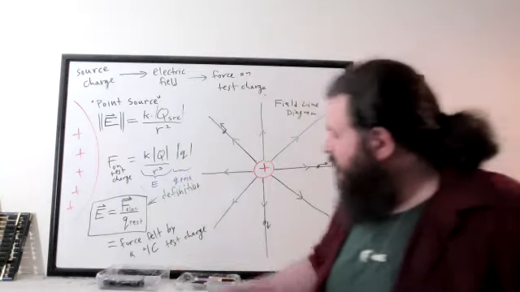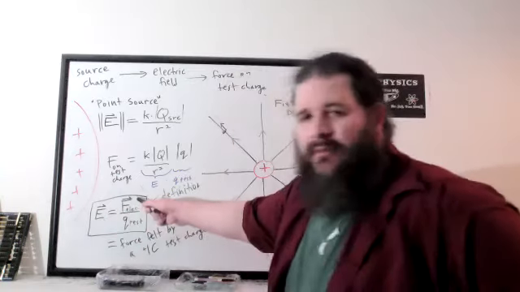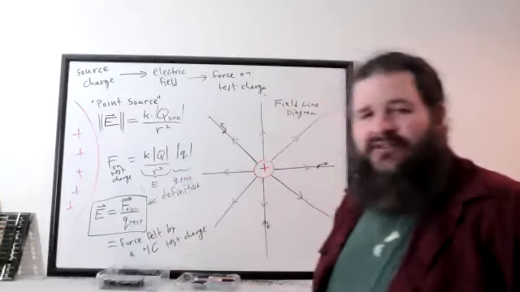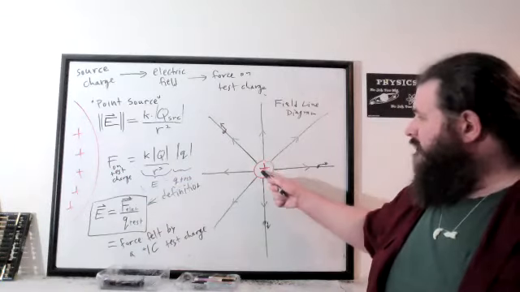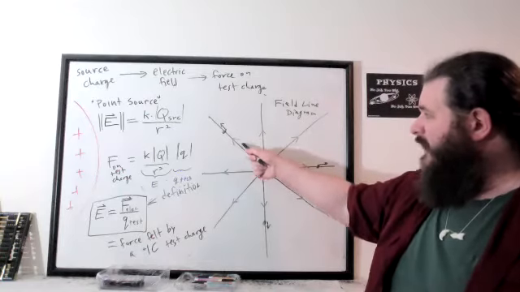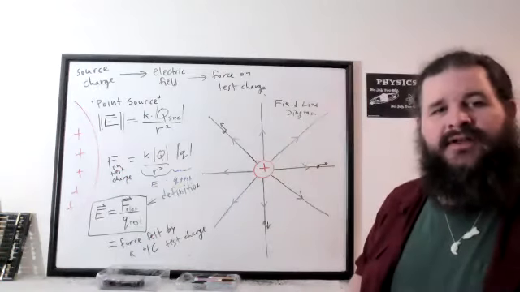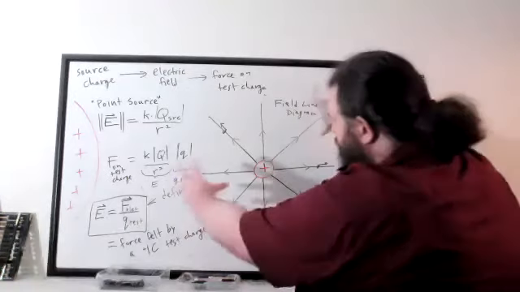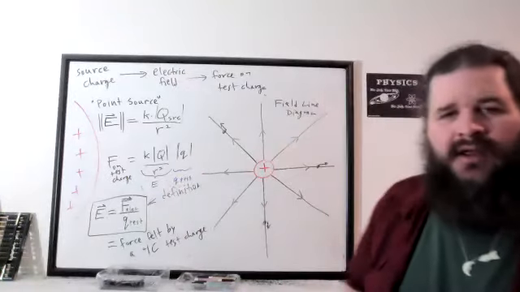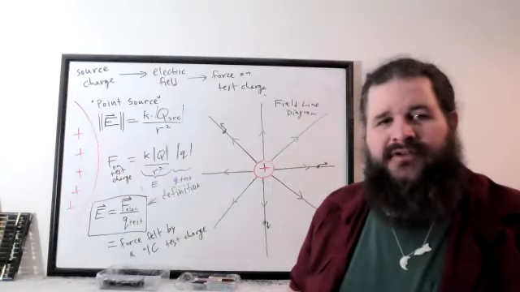If we go back to the definition that the electric field is the force that would be experienced by a small positive test charge, yeah, the arrows would just be pointing inwards. Because if this was negative, a small positive test charge would get attracted towards it. So the electric field vectors, and therefore the field lines, would be pointing inwards towards the negative source charge. And this is generally true of electric fields.